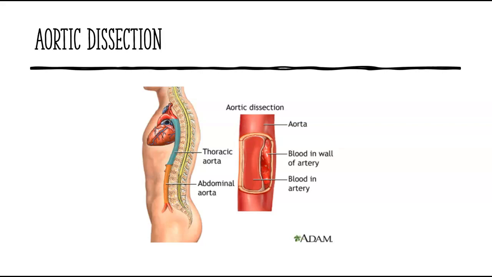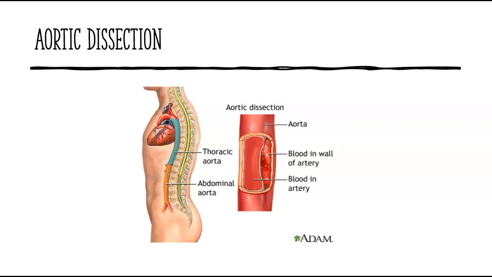They may be getting some blood flow through the aorta, but it is life-threatening because a large amount is also going into this lining of the artery. And again, this is a medical emergency.